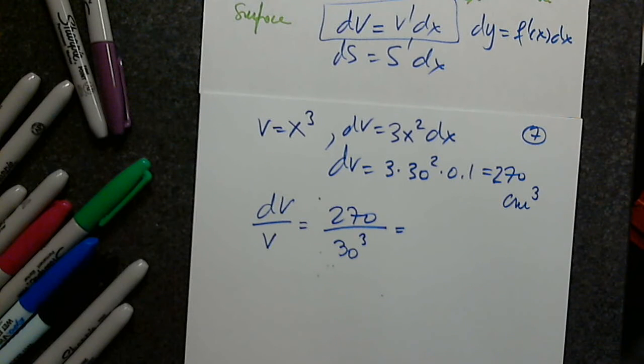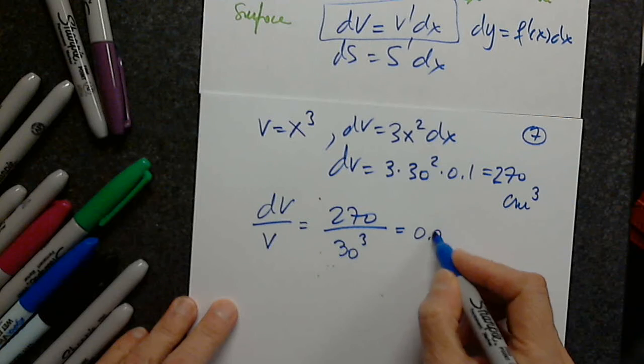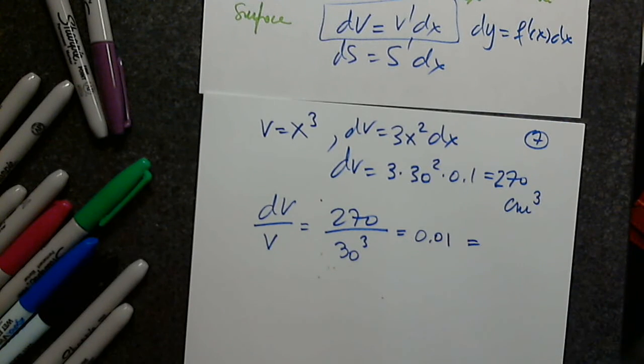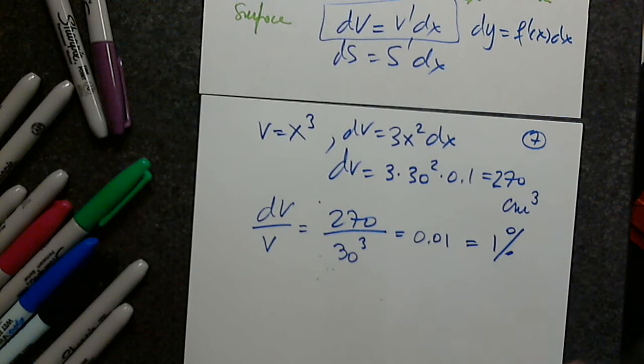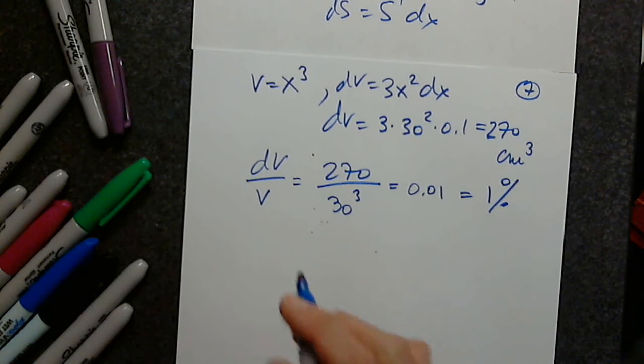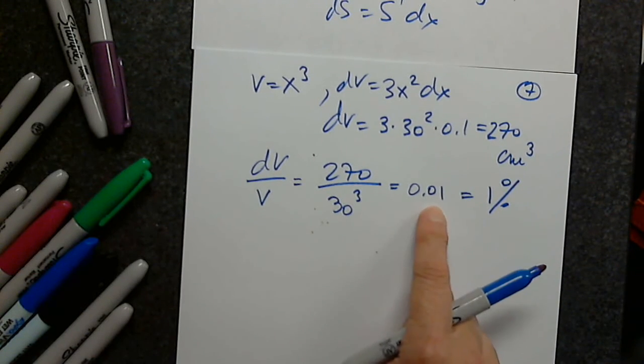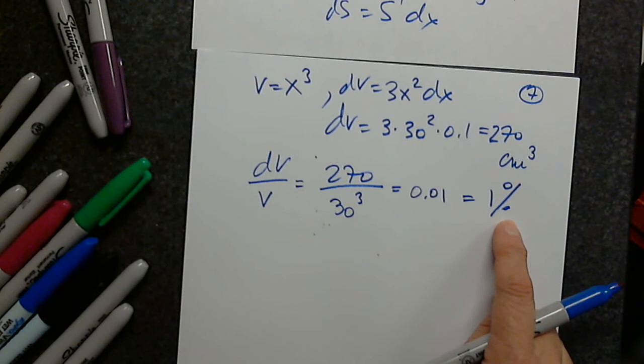How much is it? 270 divided by 30 cubed. I got 0.01. And now the relative error in percent. What is it? 1%. Very good. So this is the relative error, and this is the percent error.